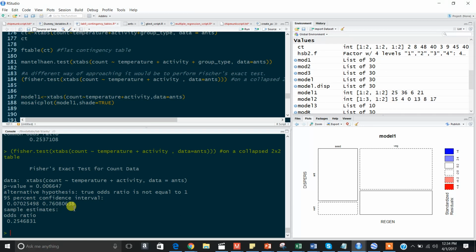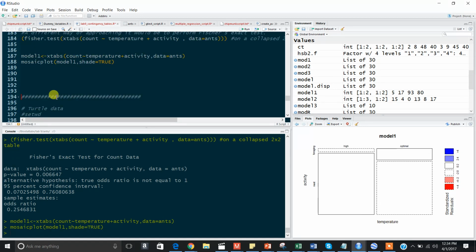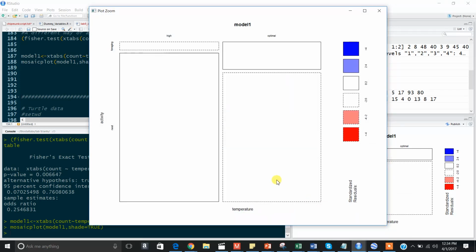So we can also use a mosaic plot. Sorry, we'll create a new model using the xtabs and then create a mosaic plot of it. We'll zoom out. Okay, so here we have our 2 values of temperature.